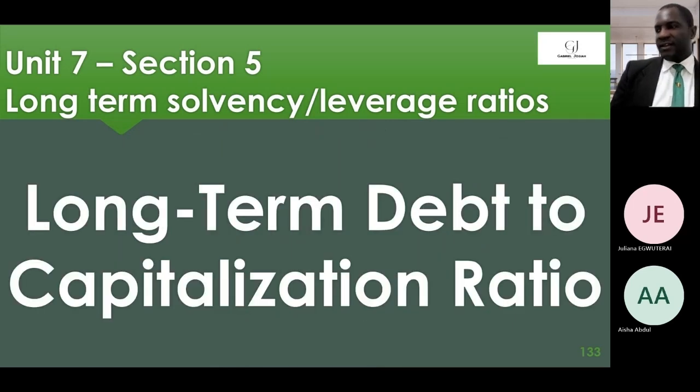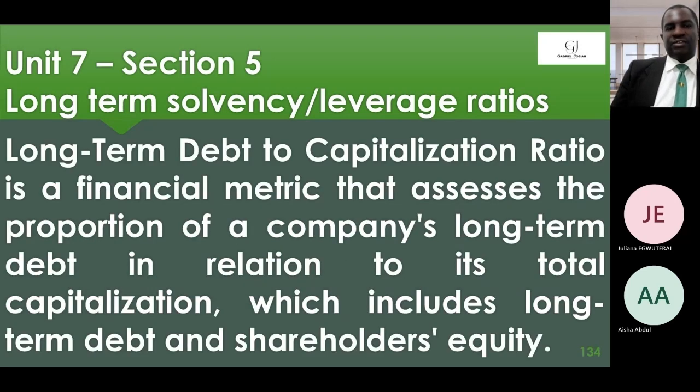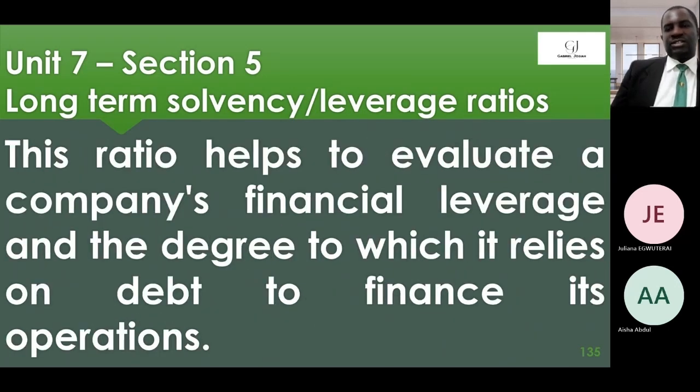Very important. So finally, it's already 10, but let's just run through this last one. It's very simple. It's called the long-term debt to capitalization ratio. Also very unpopular like the cash flow to debt, but it's good we are aware of it. It assesses the proportion of a company's long-term debt in relation to the total capitalization, which includes long-term debt and shareholders' equity.